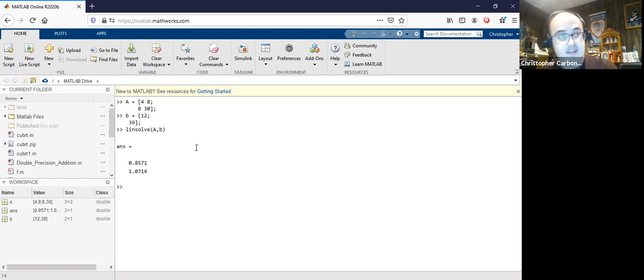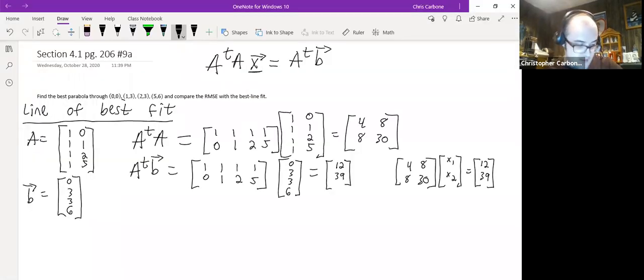Since I'm using the online version of Matlab, it automatically rounds to 4 decimal points. But let me give the actual fractional amounts, since I find those tend to work nicer.